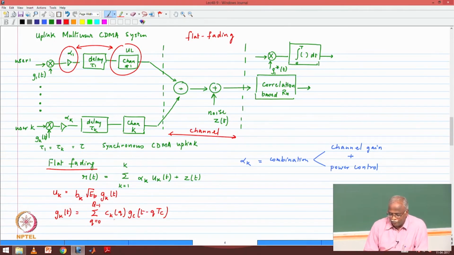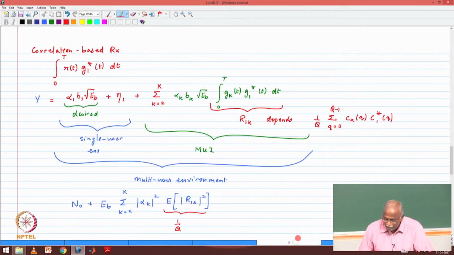Gk is the spreading waveform, and then Gk itself is described in terms of the chip waveform. So, alpha k can be treated as a combination of channel gain and the power control.